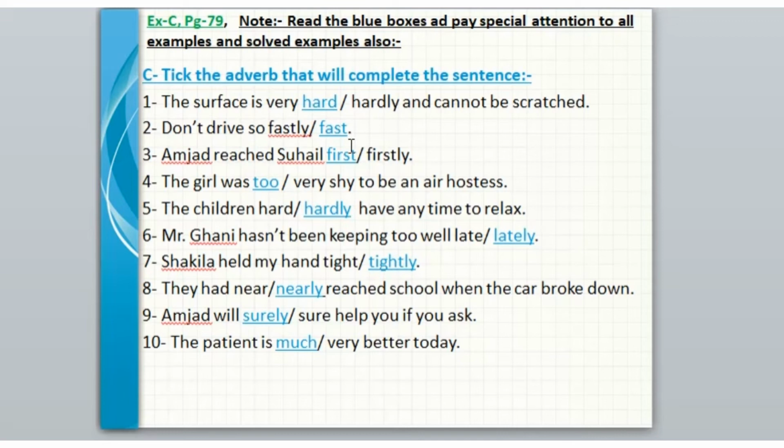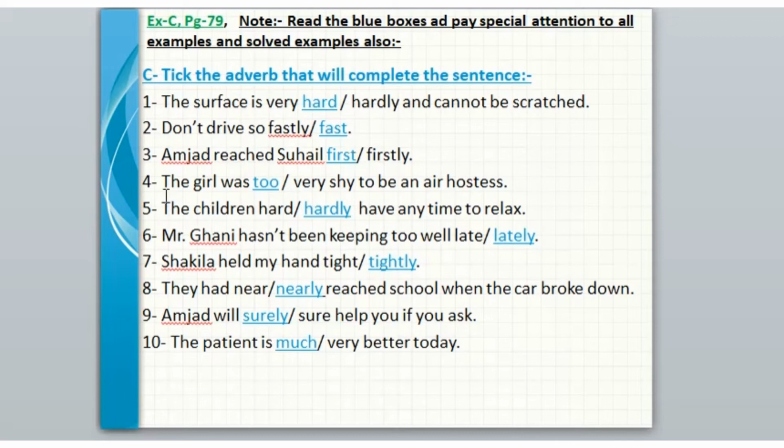I want you all to correct it. Correct the arrangement of the question. The question says, Amjad reached the Suhail firstly. So students, cancel this the. The sentence will become wrong. We want our sentences to sound correct and to mean correctly. Amjad reached Suhail first. This is the right form.